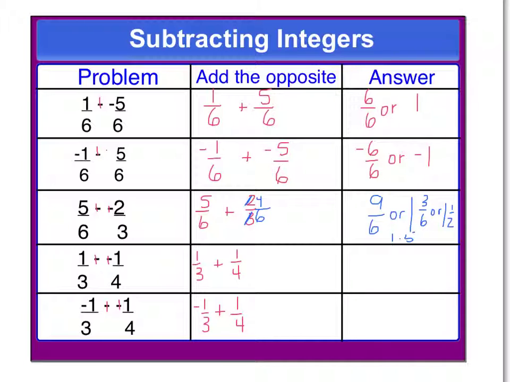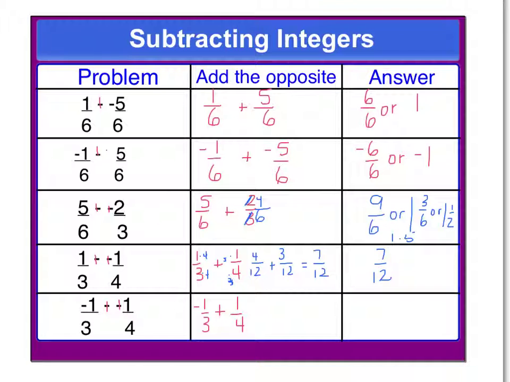So the next one, we have to find our common denominator, which is going to be 12. I'm going to rewrite it as something over 12 plus something over 12 equaling something over 12. We multiplied by 4, we multiplied by 3. So we have 4/12 plus 3/12, giving us 7/12.